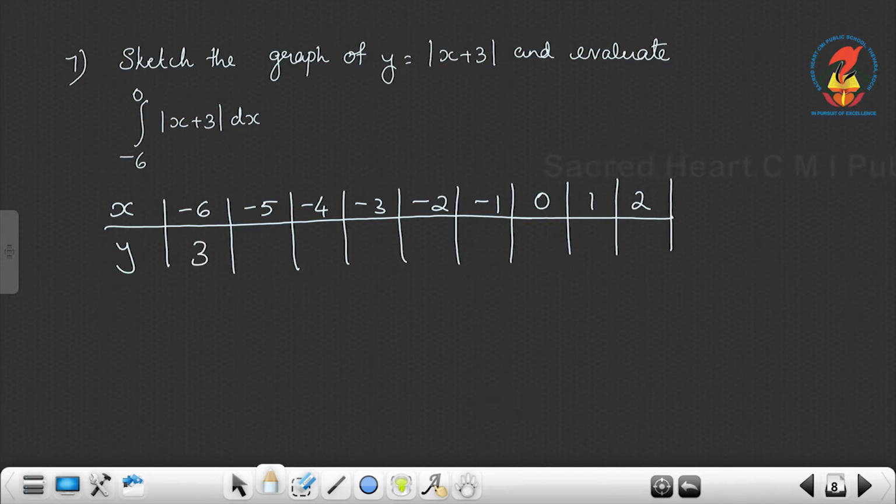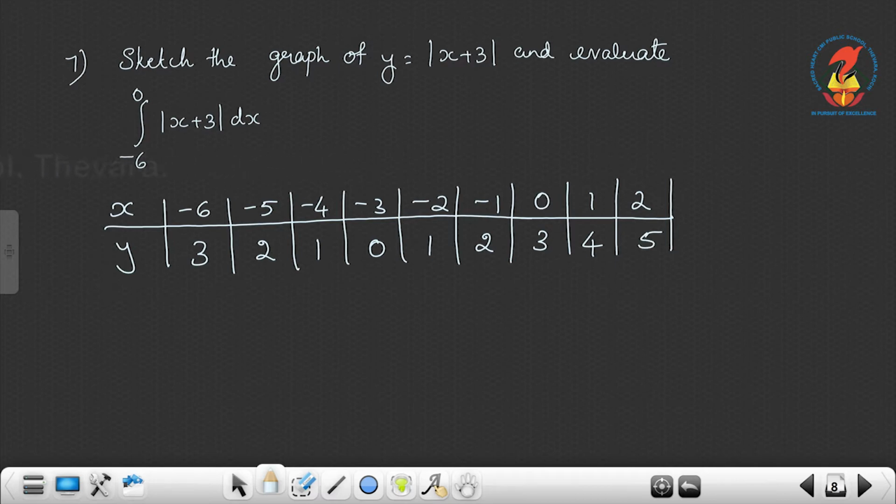Minus 5 plus 3 is minus 2, modulus 2. Minus 4 plus 3 is minus 1, modulus 1, and minus 3 plus 3 is 0. Minus 2 plus 3 is 1, minus 1 plus 3 is 2, 0 plus 3 is 3, then 1 plus 3 is 4, 5, 6, 7, 8 like that.